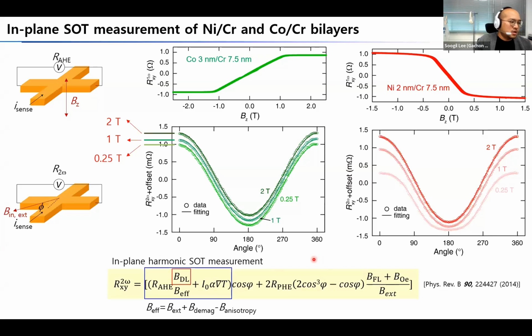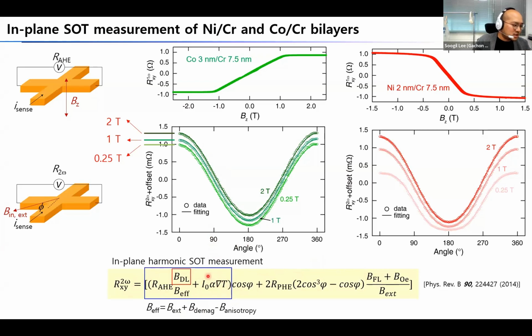In this experiment, we only consider the damping-like SOT because we want to compare the orbital and spin contributions to the total spin-orbit torque. By fitting with this equation, we can obtain the coefficient of this cosine angular dependence part, this blue part, and this coefficient consists of the strength of the damping-like effective field, this B_DL, and the thermal contributions, such as the longitudinal spin Seebeck and anomalous Nernst effects.